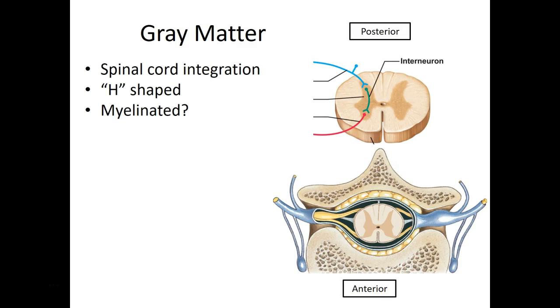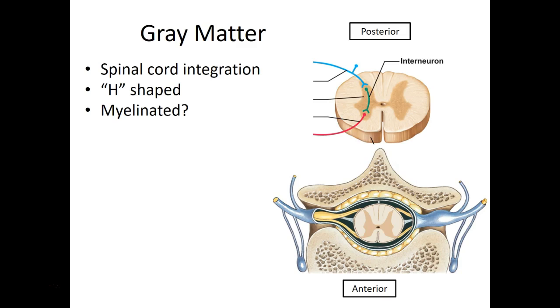So if we have sensory information coming into the central nervous system, and it's going to be passed off to a neuron within the central nervous system, where is that synapse going to be located? Gray matter or white matter? Gray matter, right? So that's what's happening here in this gray matter area.